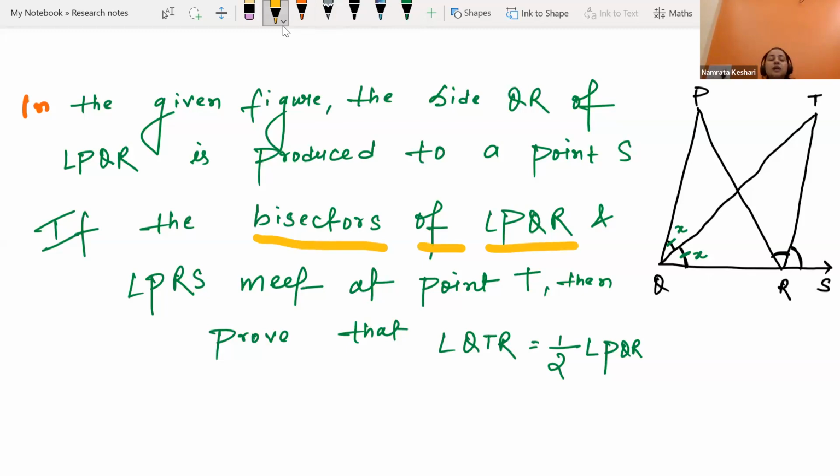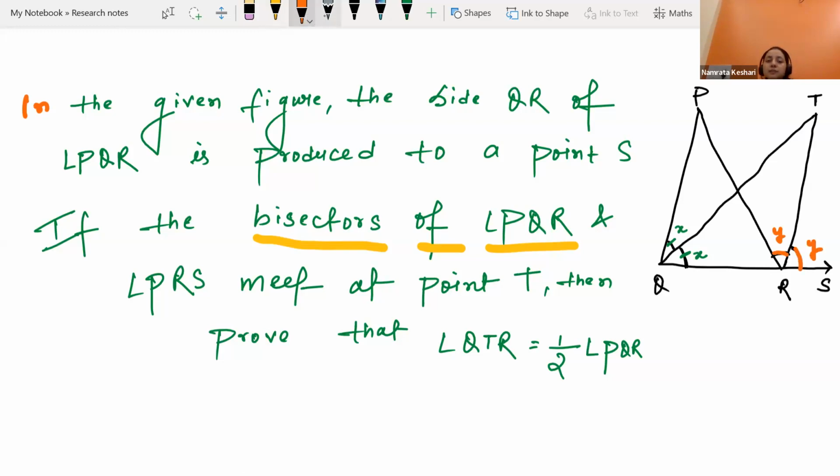Bisector of PQR means angle PQR is getting cut into two equal parts. Don't worry. At first we are trying to understand, then we will write everything properly. And PRS is also getting bisected. So we can call this y and that also y.